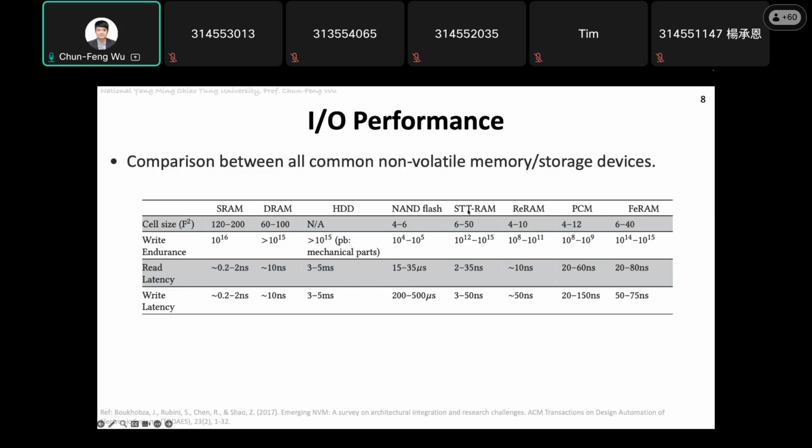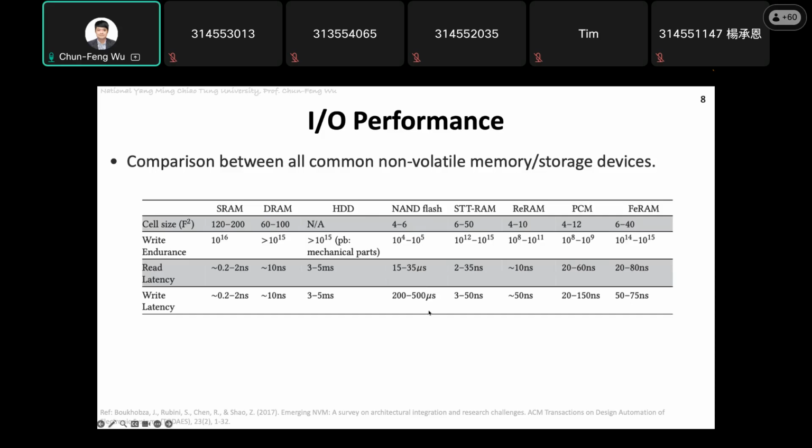For the write latency, there is something very special about NAND flash. If you look at the other devices like SRAM, DRAM, hard disk drive, or even some emerging non-volatile devices, in most cases their read latency and write latency are very close to each other, even the same. But NAND flash is not like that, and we'll talk about this scenario later.